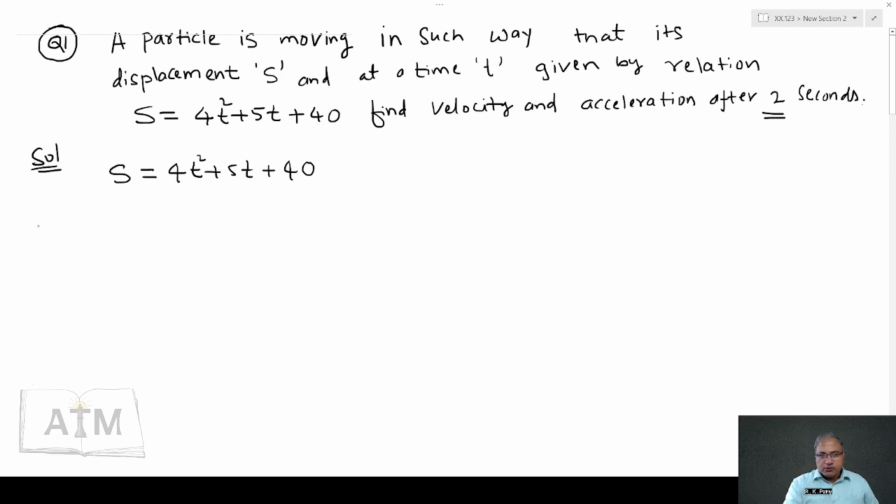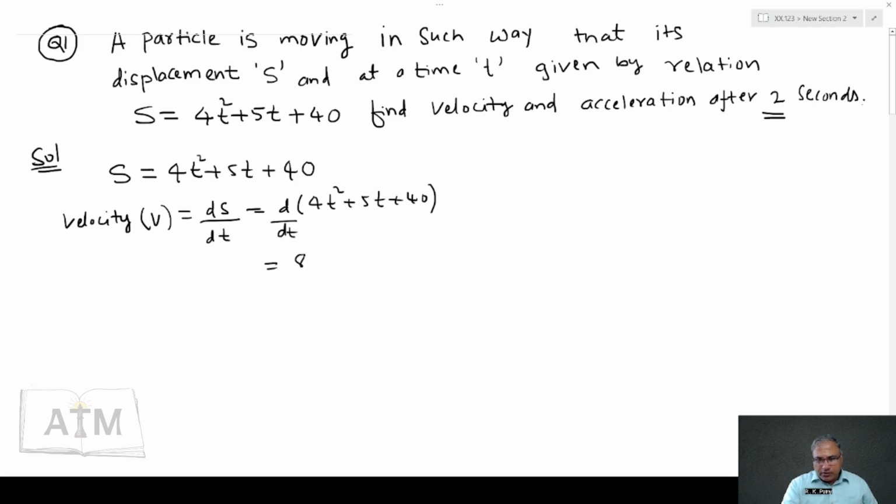You see, to find velocity, this is the displacement, and we know that velocity v equals ds by dt, that is, the derivative of displacement with respect to time is the velocity. So this equals the differentiation of 4t square plus 5t plus 40 with respect to t, that is equal to 8t plus 5.